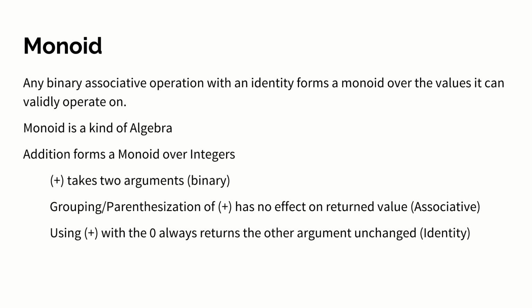Grouping or parenthesization of additive expressions has no effect on the returned value, so addition is associative. And when addition is carried out with one of the arguments being 0, the other argument to the expression is always returned unchanged. So addition has a concept of identity.